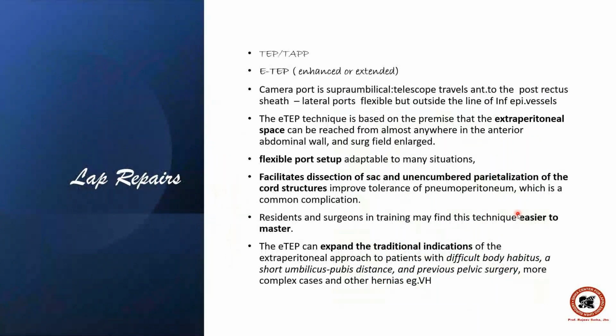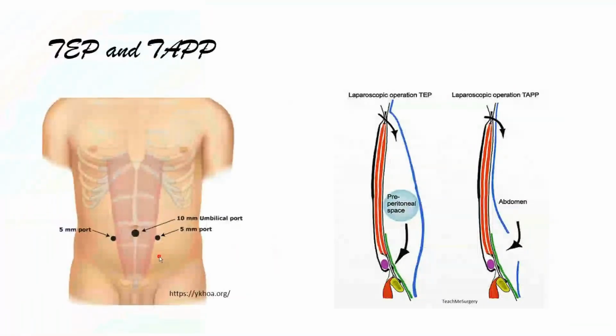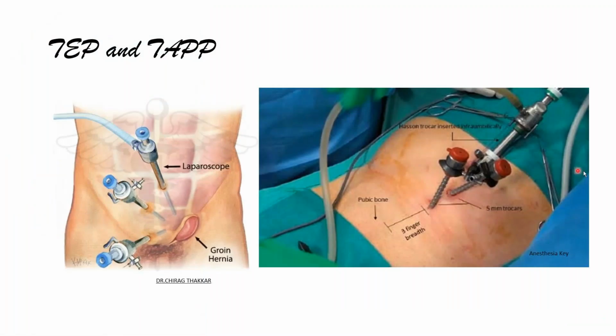And then, of course, the latest entrant, and that is the extended TEP repair, which is also known as the enhanced or extended TEP repair. I'm not going to go into the details of that, that's beyond your scope, but just remember, it's probably slightly better than TEP, still not proven. Why? It gives a flexible port setup. As in TEP, I just told you that you got a port setup out here. In eTEP, you can even put a port here also.